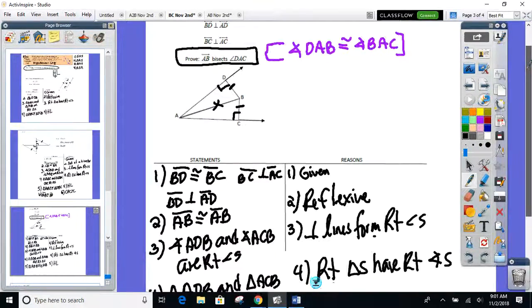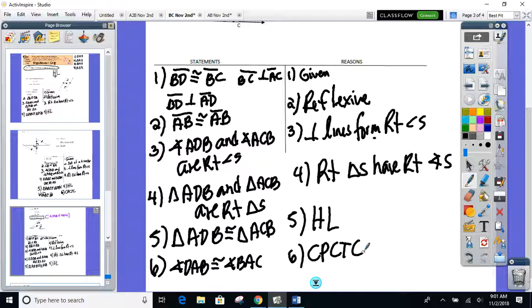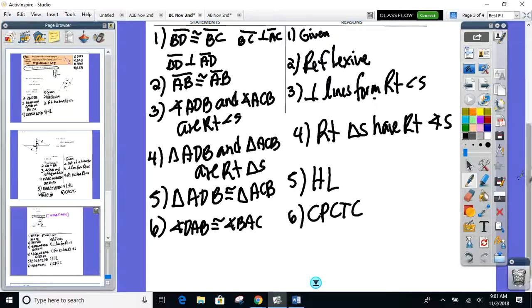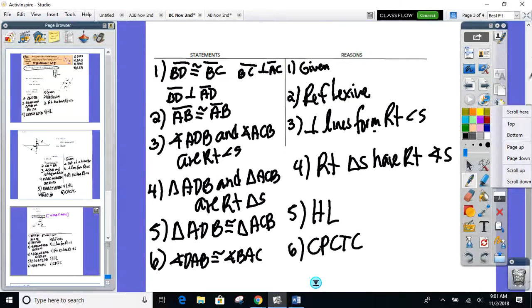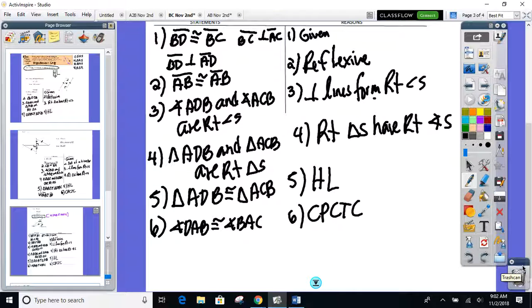DAB and BAC. By what method? CPCTC. Look at you, going seven steps here. Now that they are congruent, what's AB acting as for that angle? An angle bisector. So we go to AB bisects DAC.